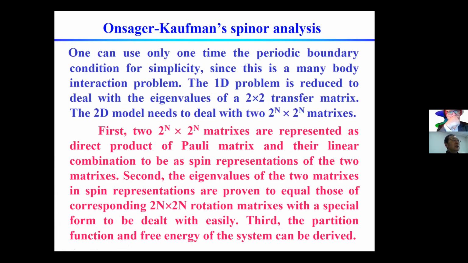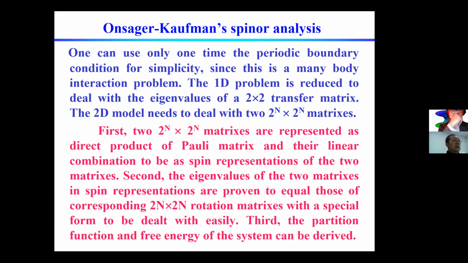In solid state physics, we can use the periodic boundary condition in three directions to calculate the energy band. But here, because the Ising model is a many-body interaction problem, we can only use the periodic boundary condition once.